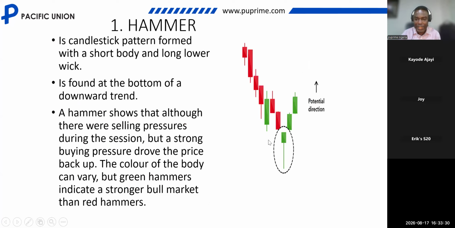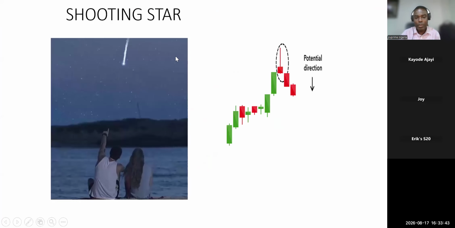It's very easy to identify the shadow facing downward in the hammer in a downtrend, and it's easy to identify the shadow in the shooting star facing upward. So just note hammer for reversal from downtrend to uptrend, shooting star for reversal from uptrend to downtrend. If that's what you know for now, you are doing fine.